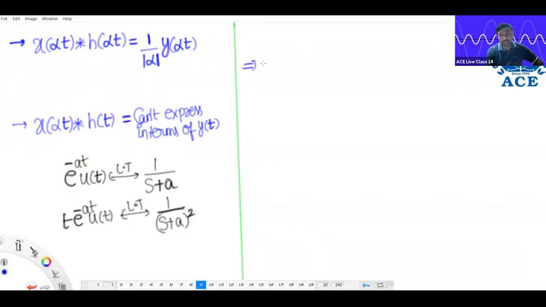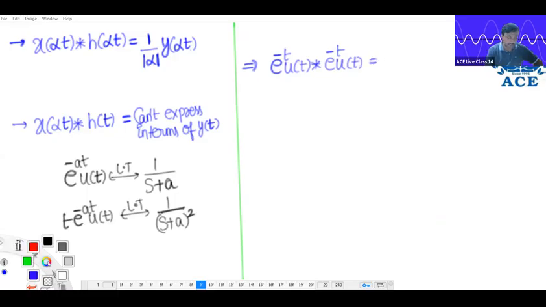Listen. Suppose I take e power minus t ut convolved by itself, what is the output? What is the Laplace of each function, sir? 1 by s plus 1 into 1 by s plus 1. Convolution converted to multiplication. Time domain convolution means transform domain multiplication. 1 by s plus 1 whole square.